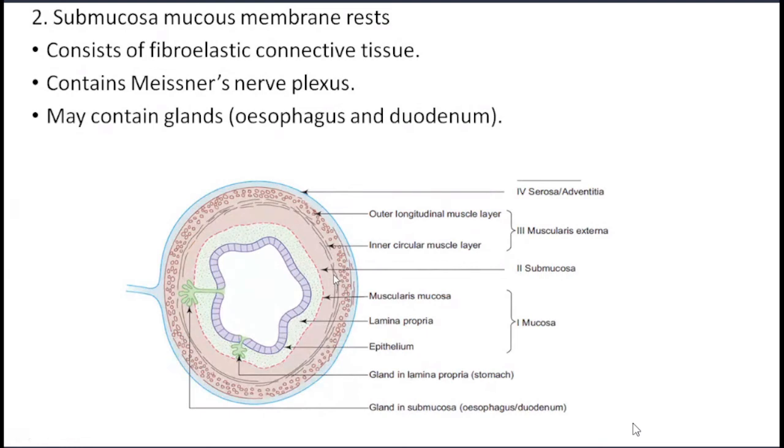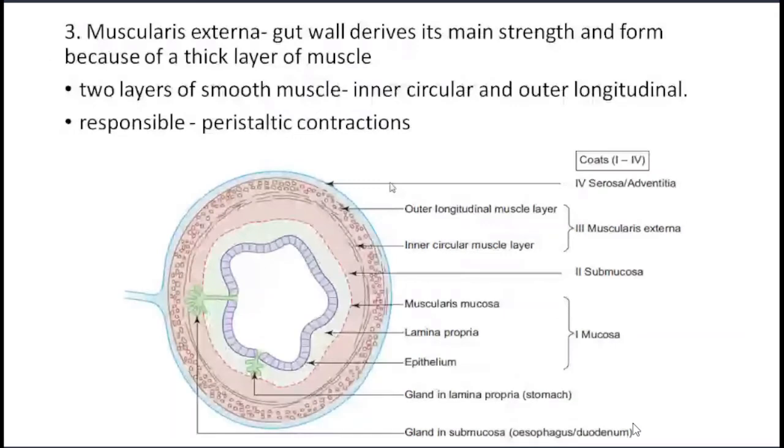Now the mucosa is done, the submucosa is done. Now the third layer is the muscularis externa. The gut wall derives its main strength from it, and it forms a muscle layer around the tube, which surrounds the mucosa. You can see here this muscularis externa.